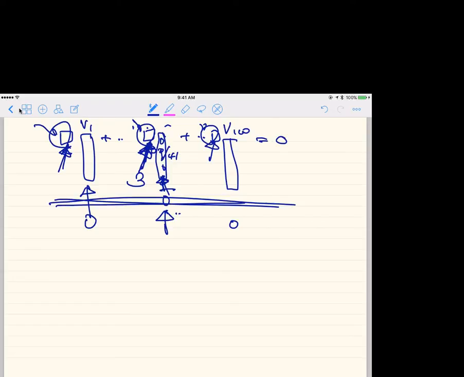So this will still be 0, but it becomes at least one non-trivial solution, because the definition of a non-trivial solution is that at least one of the coefficients is non-zero. That's the only requirement that we have to satisfy.